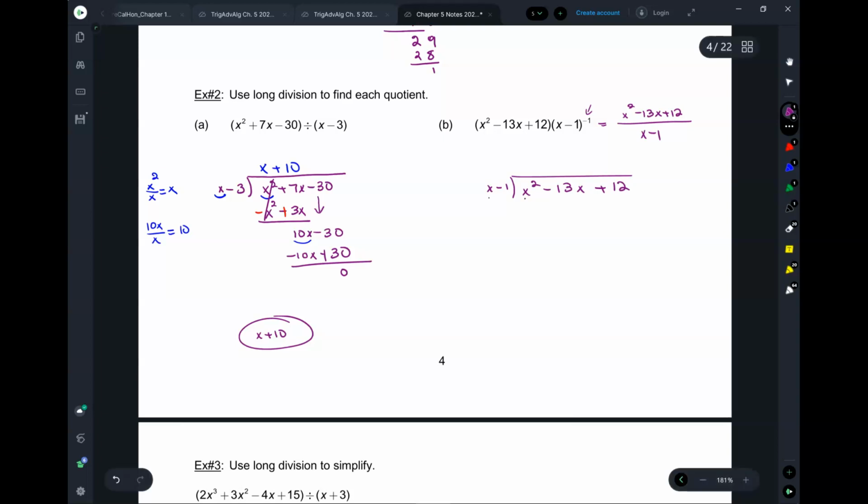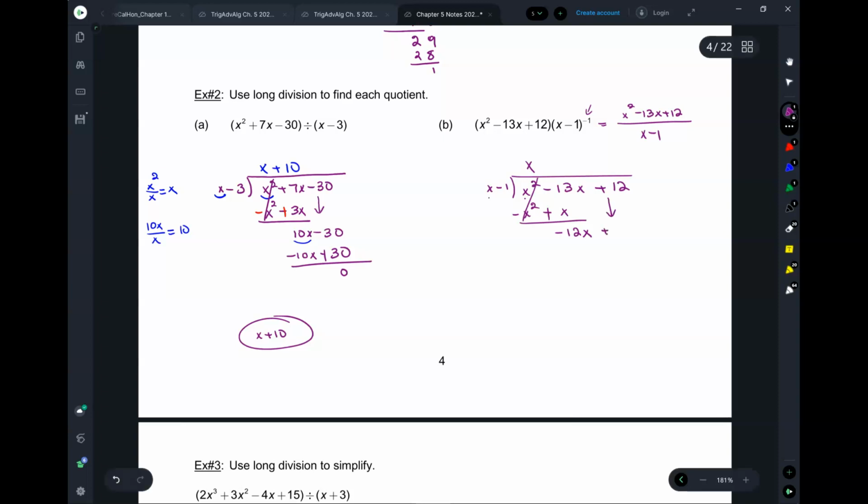First term divided by first term, what do I get? X. Multiply it through, I get x squared minus x. Draw the line, change the signs, combine. I get negative 12x, right? Then what happens?